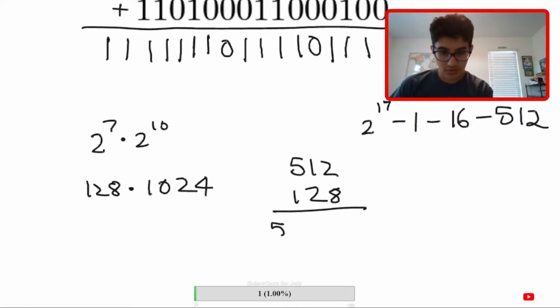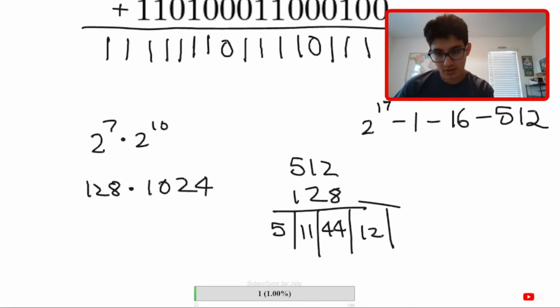Okay, so 1 times 1, that's 1, this is 10, so this becomes 11. Here you have 40, right? 8 times 5 is 40, this is 42, 44. 4 plus 8, 12, 16 over here.